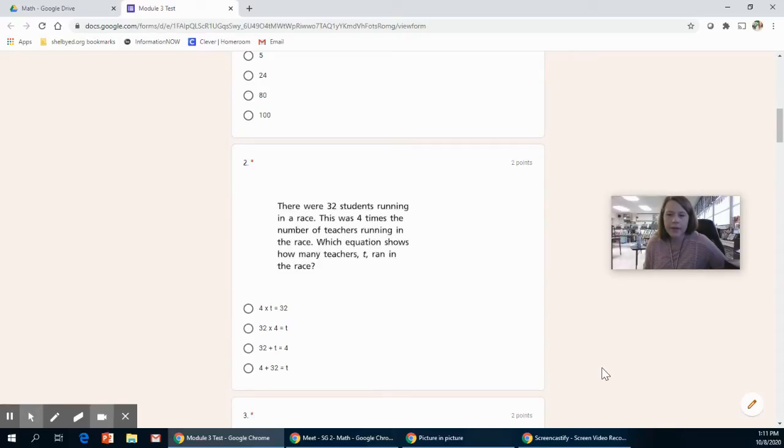Okay, if you're not sure about it, write the number 2 down on your paper and circle it, and that will tell you to go back and look at it so we can keep going.